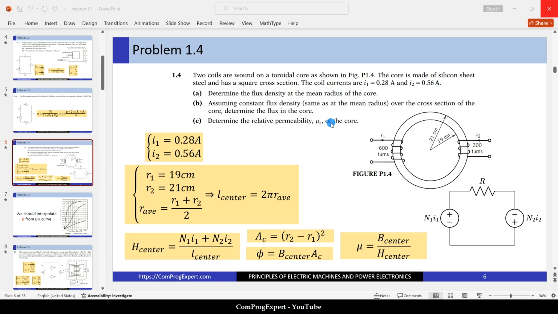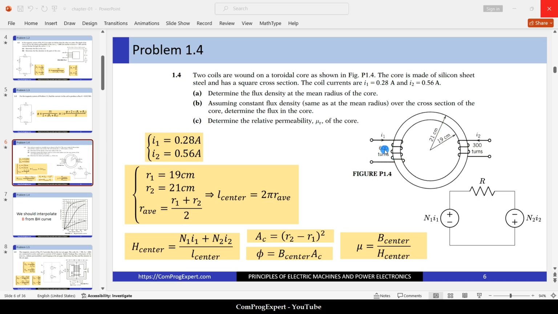So here you can see the dimensions. The inner radius of the core is 19 centimeters. The outer radius is 21 centimeters. So we can calculate the width of this iron core. And also because its cross section is a square, we know the depth of the problem.